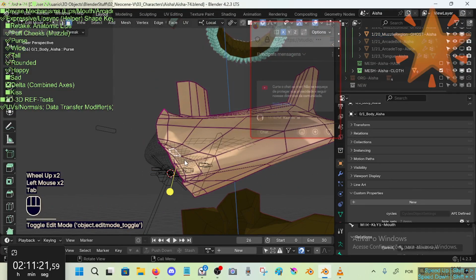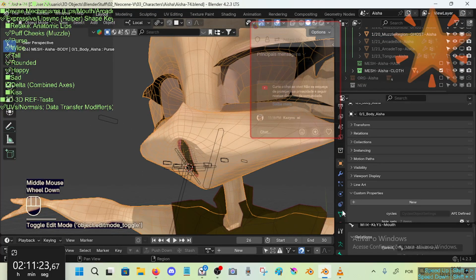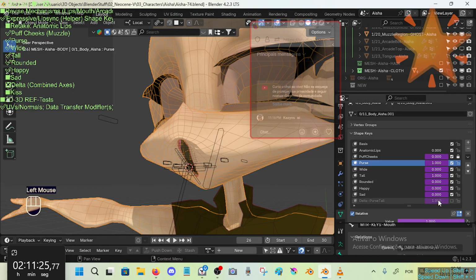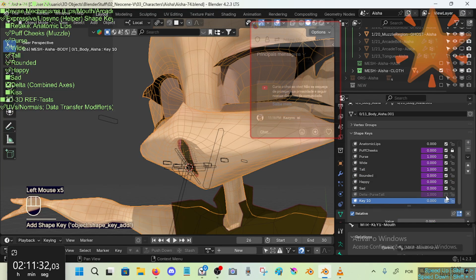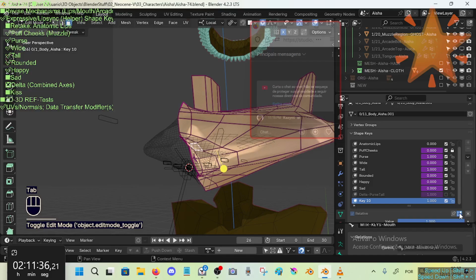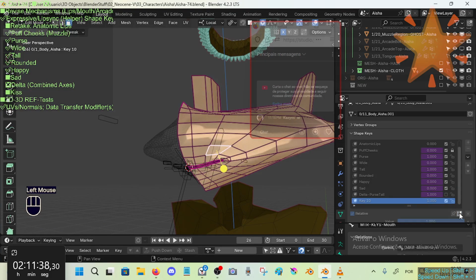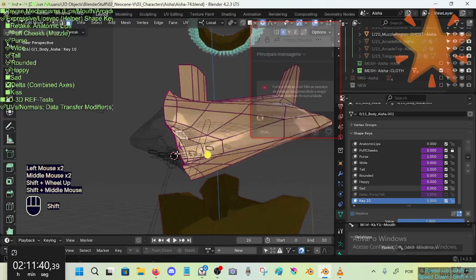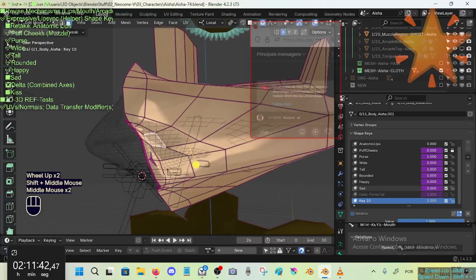with the delta on this combination of, say, burst 1 and tall 1, I created an extra shape key here, put it on maximum, then edit mode. I use this, but I think it's not necessary, there will be other ways. Then I edited that.